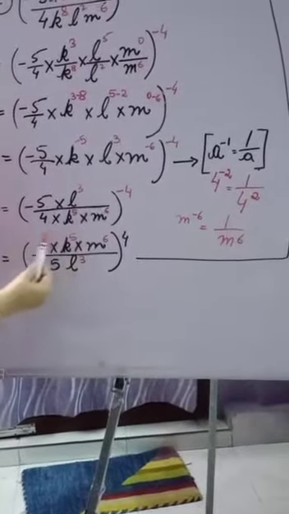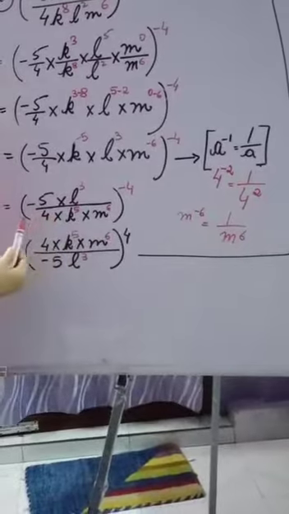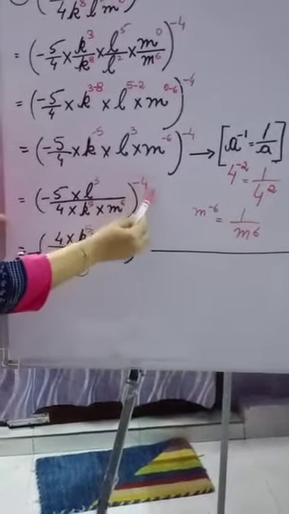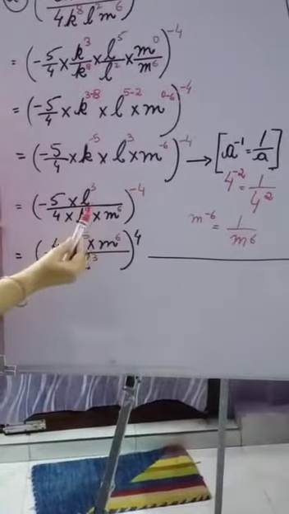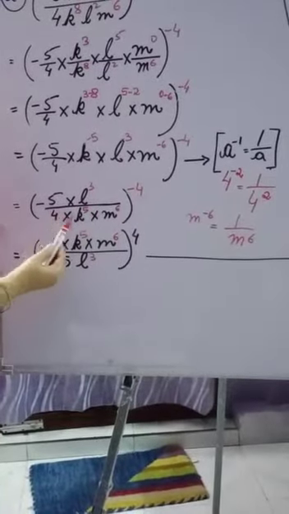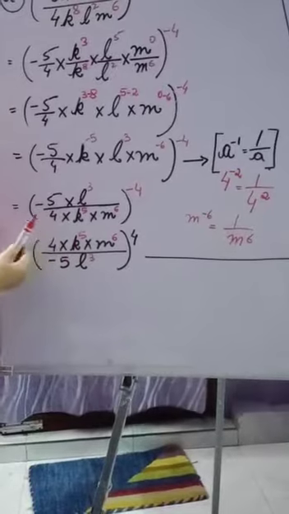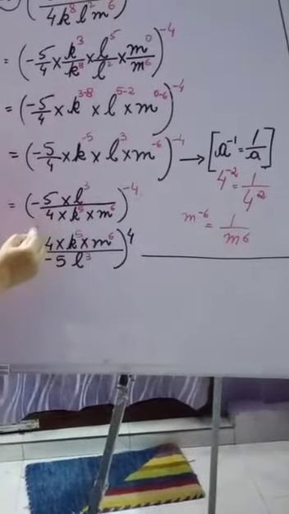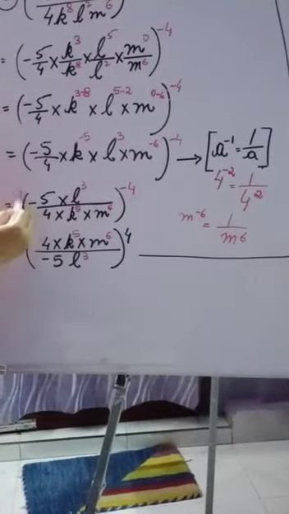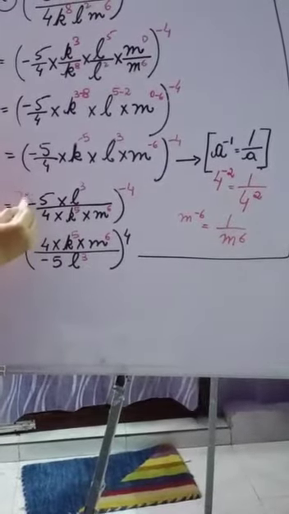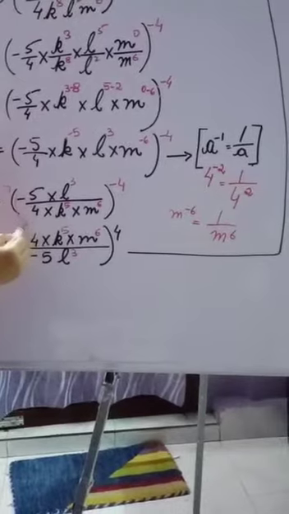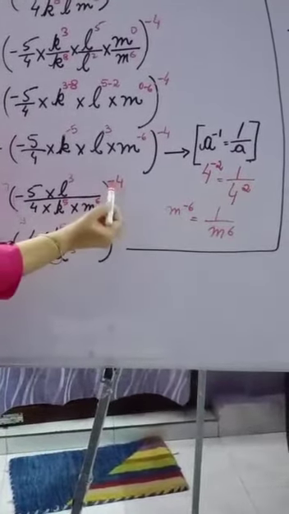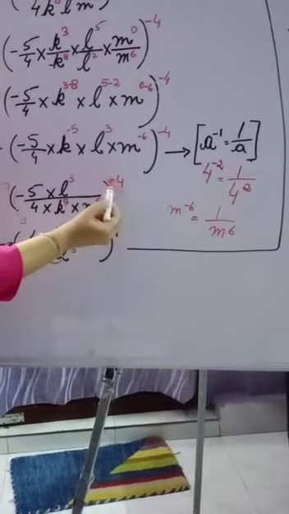Now let us see. Now here we have whole to the power minus 4. Again this power is negative. So what will be the thing here in the next step? This whole numerator will be shifted to the denominator, and the denominator will become the numerator, so I can remove this negative sign.